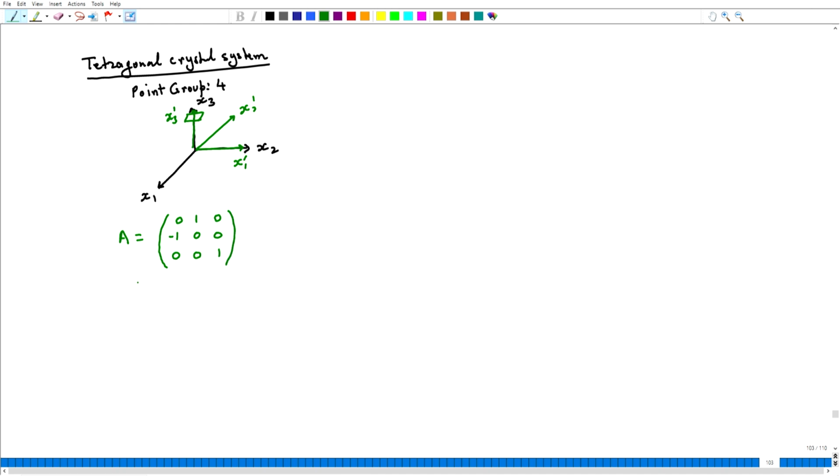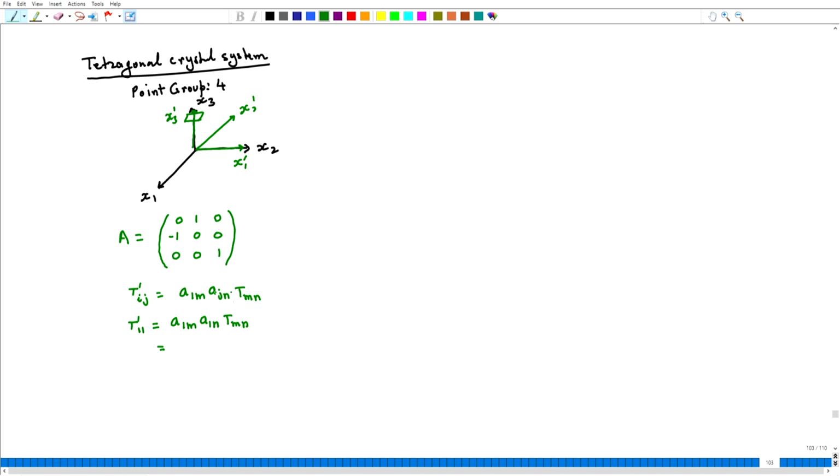Let us figure out the terms in this. T prime ij equals a1m ajn tmn. So, T prime 11 can be written as a1m a1n tmn, and again this will have only one non-zero term, which we find by inspecting the direction cosine matrix.